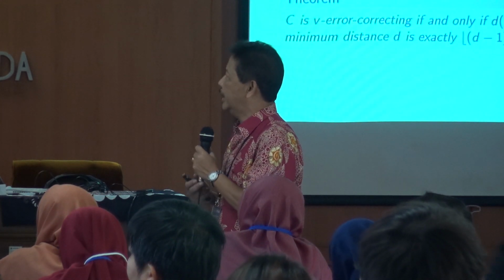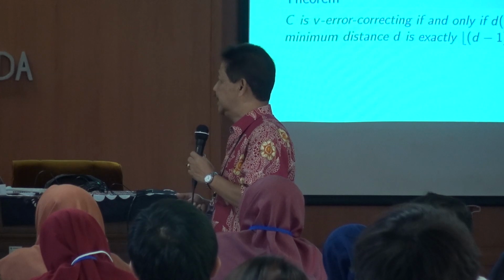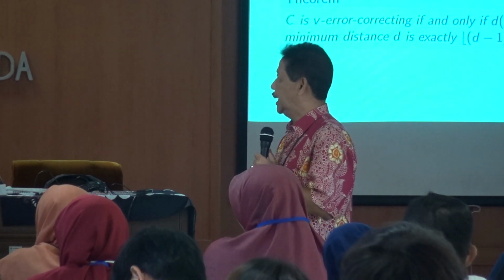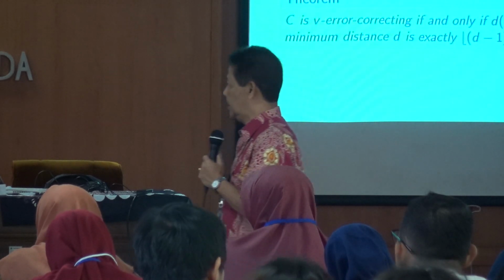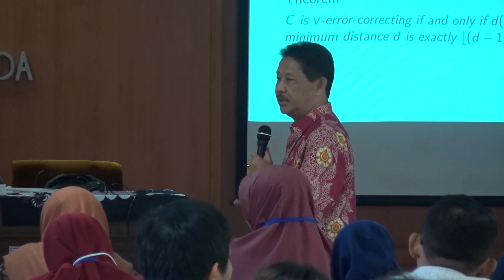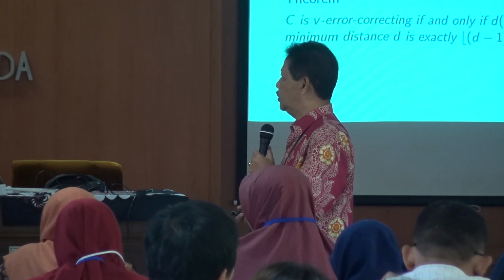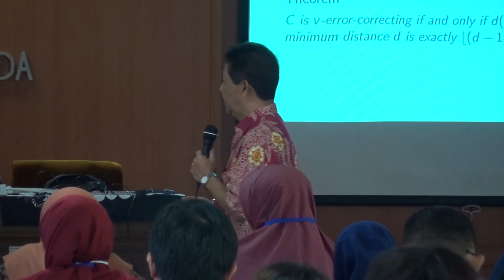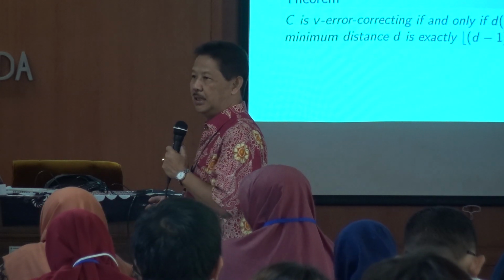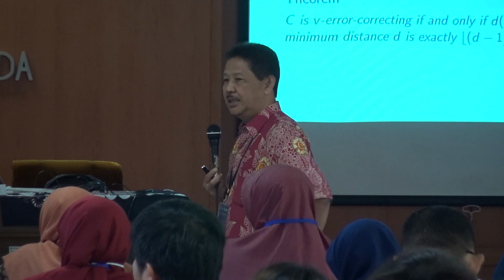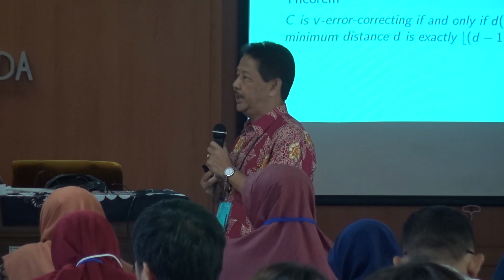And C is exactly phi-error correcting if it is phi-error correcting but not (phi plus 1)-error correcting. And the theorem says that if C is phi-error correcting, then the distance of C is greater than or equal to 2 times phi plus 1. And if the distance of C is greater than or equal to 2 phi plus 1, then C is phi-error correcting.